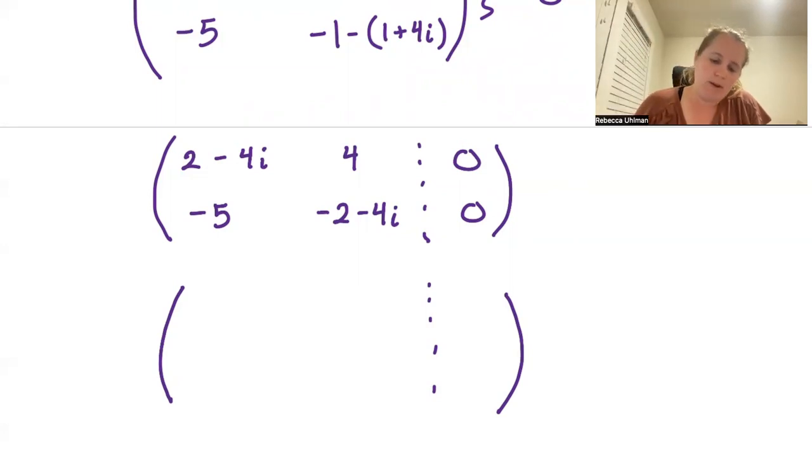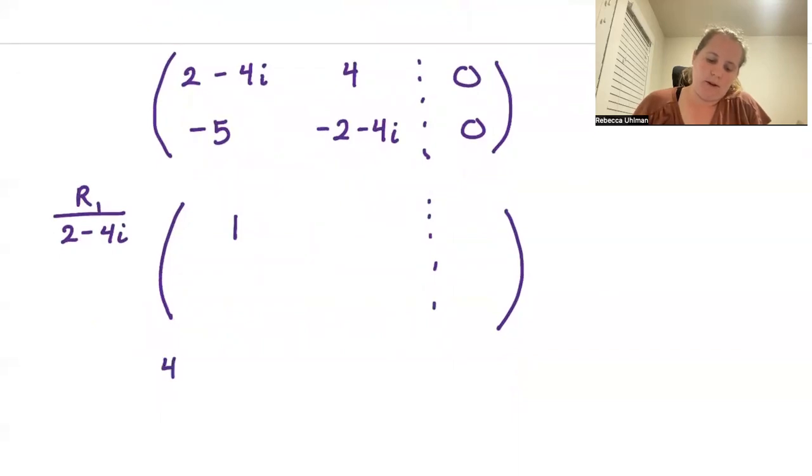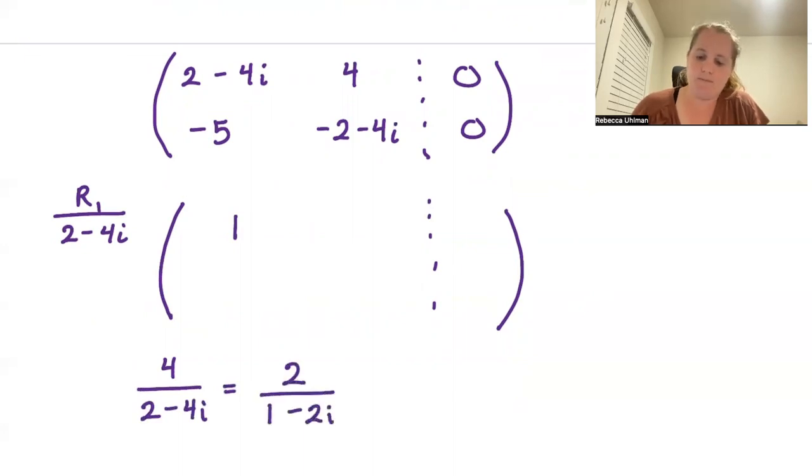So for that first row, I'm going to do row 1 divided by 2 minus 4i. That would give us a 1 in the first position. If we do 4 divided by 2 minus 4i, this is the same as 2 over 1 minus 2i, just dividing everything by 2.